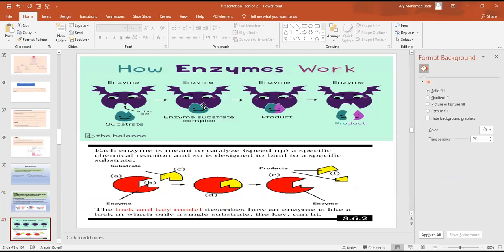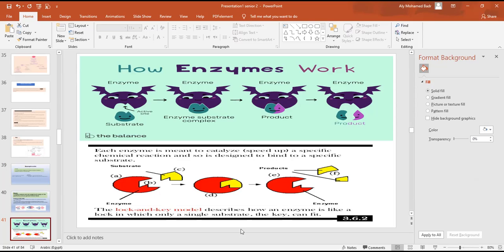This is how it works: the enzyme's active site and the substrate combine together, and then the enzyme works on the substrate or the reactant and forms the product. Then the enzyme is released and goes to do the same job again, and more products are produced.